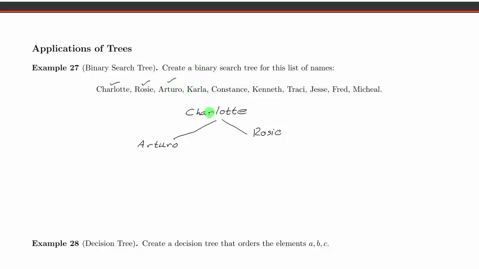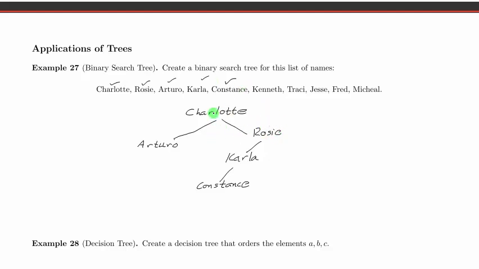Comes after Charlotte, so we come down here to the Rosie leaf at this point, and then we compare that to Rosie. Well, Carla's going to come before Rosie, so I'm going to put that to the left of Rosie. Check that off. And then we're going to look at Constance. Well, Constance, comparing that to Charlotte, is going to come after Charlotte. It's going to come before Rosie, so we go off to the left. And then comparing that to Carla, it comes before Carla, so it gets put down here.